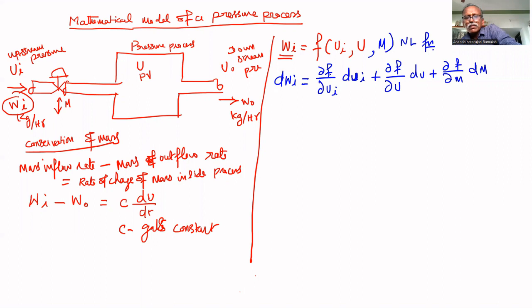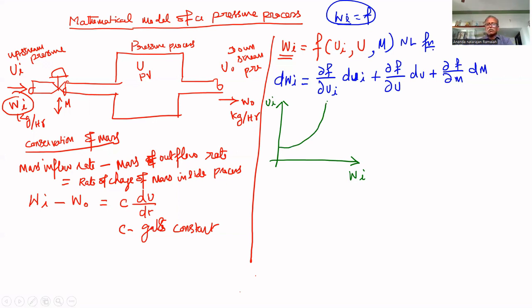But f is nothing but Wi, a function, that's all. But we can consider the relation between inflow rate and upstream pressure Ui. If you consider that, it will be a nonlinear relationship.